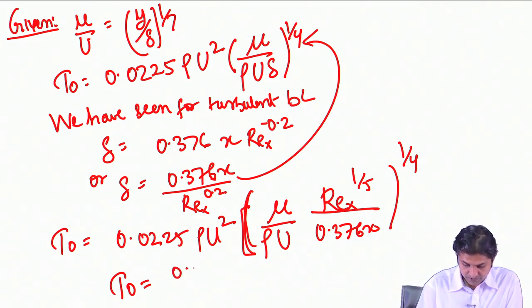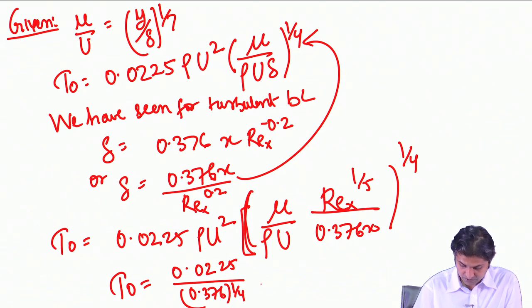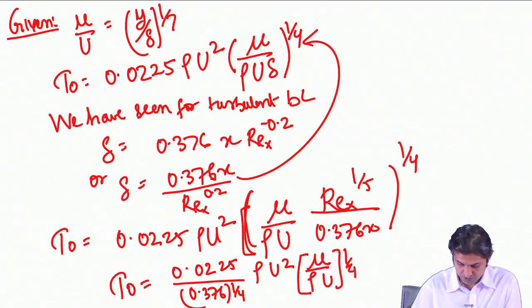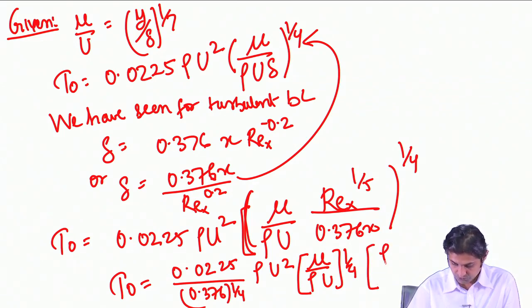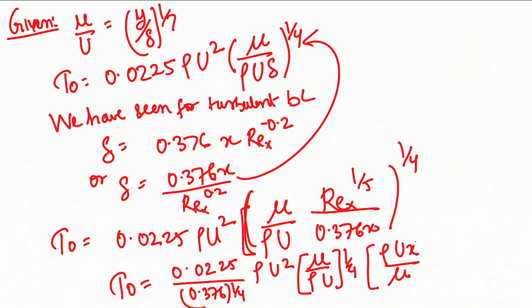This will become 0.0225 divided by 0.376 to the power 1 by 4, rho capital U square, nu by U to the power 1 by 4, into rho U x by mu to the power 1 by 5, to the power 1 by 4, into 1 by x to the power 1 by 4.